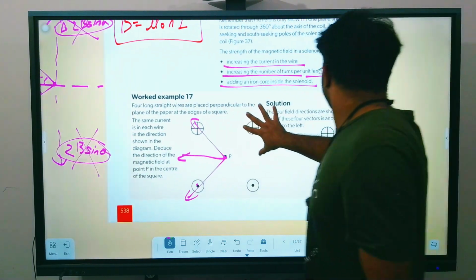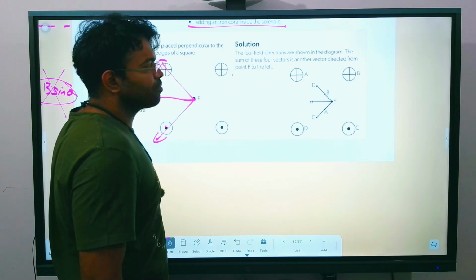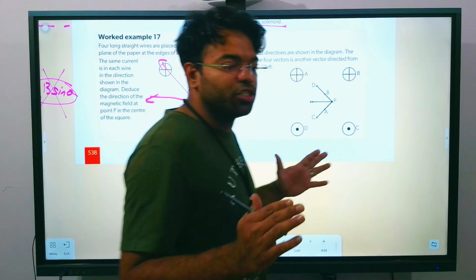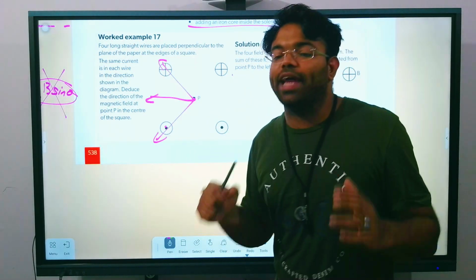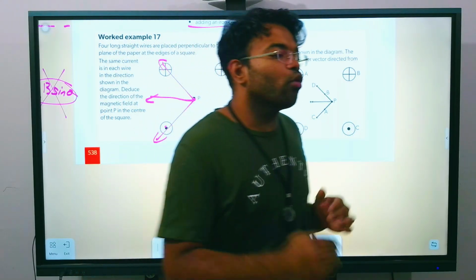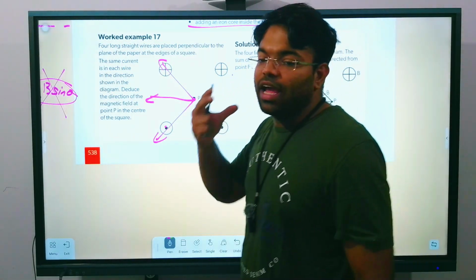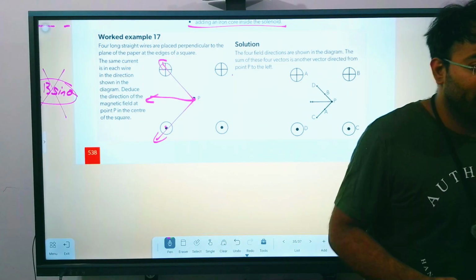Clear? Understood how I got the direction? You can get the direction by creating an imaginary circle and drawing a tangent. Once you become more and more confident, you can see the circles in your mind and draw a tangent at that point. Practice doing that. Understood?